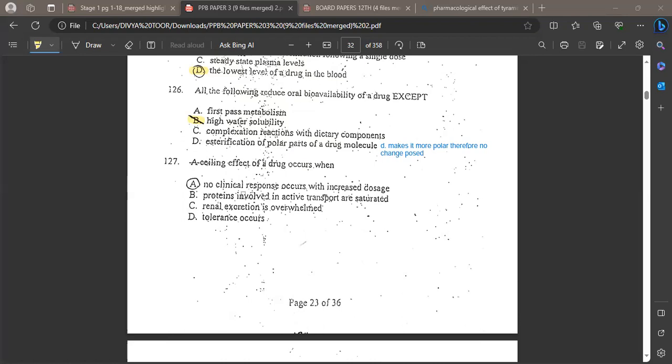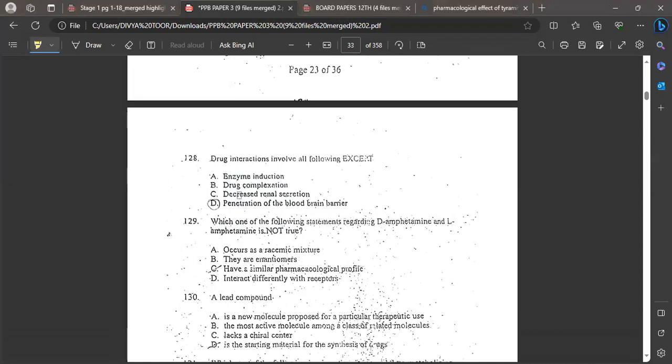Ceiling effect is when the drug reaches its maximum effect. So even if you increase the dosage, it wouldn't affect the effectiveness. Yeah. Okay, Samiha has written phenomenal. Okay, yeah. All right, so it's A. Yeah, it's A.